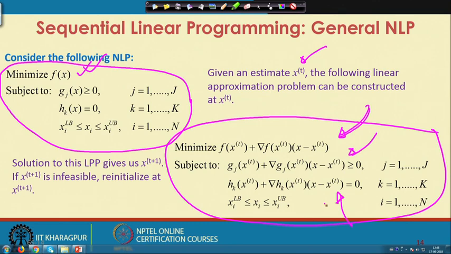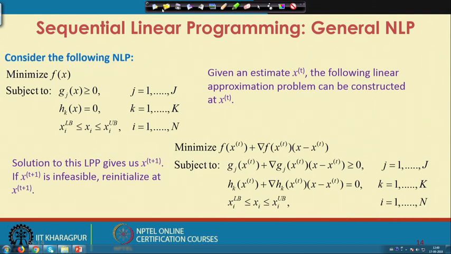So, solution to this linearized problem or linear programming problem gives us x t plus 1 as solution. If x t plus 1 is infeasible, we will re-linearize the original problem at x t plus 1, and this will continue until we converge.